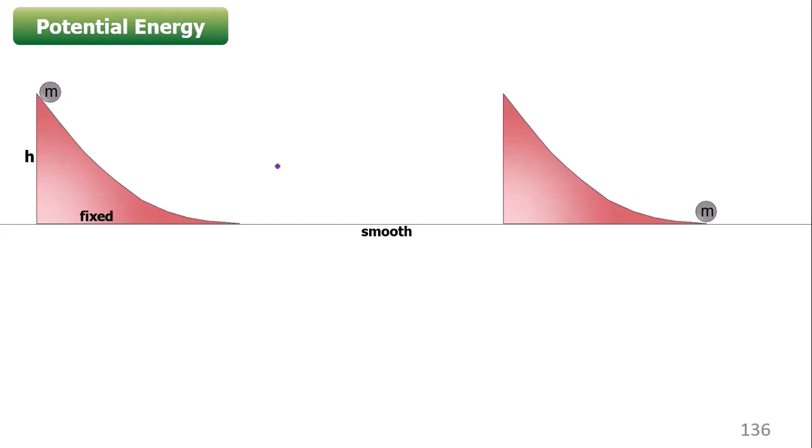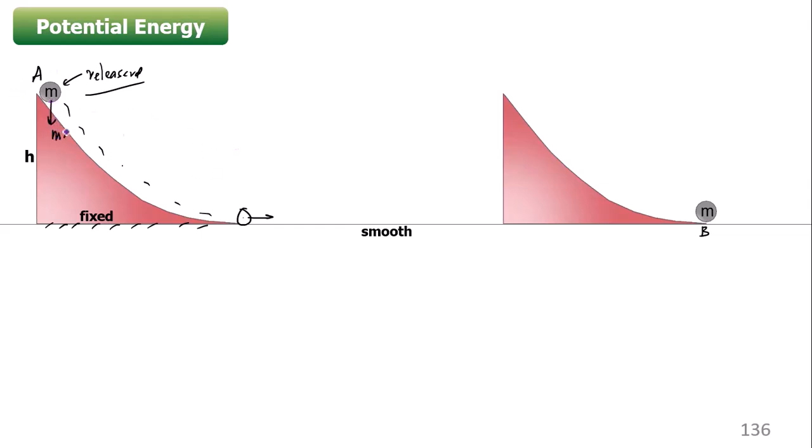Now let us say I want to calculate the potentiality for these two situations. The point is fixed, and the particle which is initially at point A, if I release it, the particle will fall down. As the particle moves downward, gradually it comes to point B. Throughout this process, mg is acting downward.